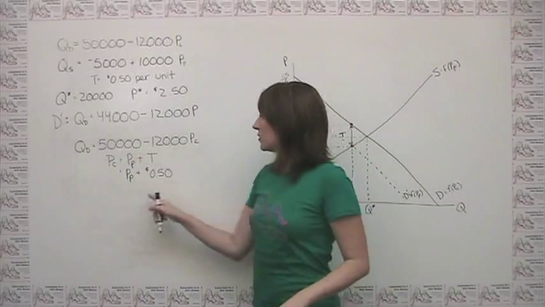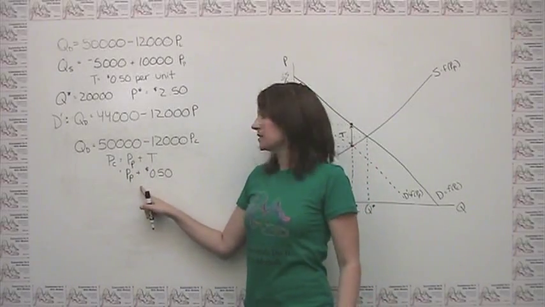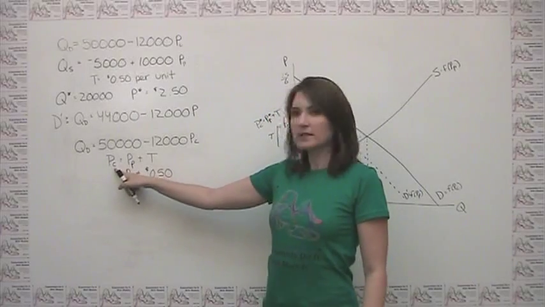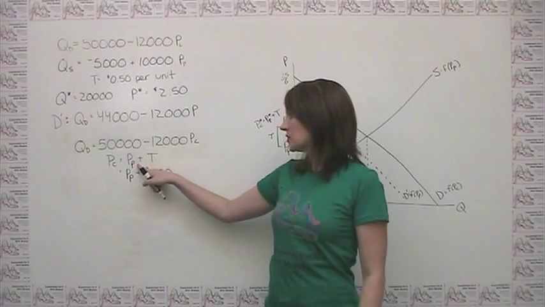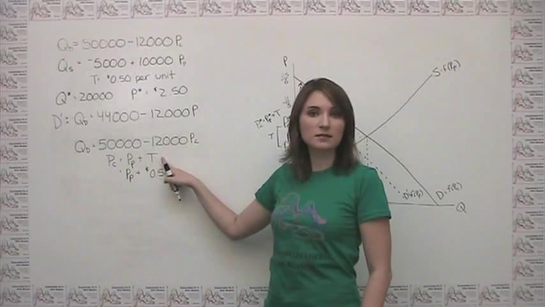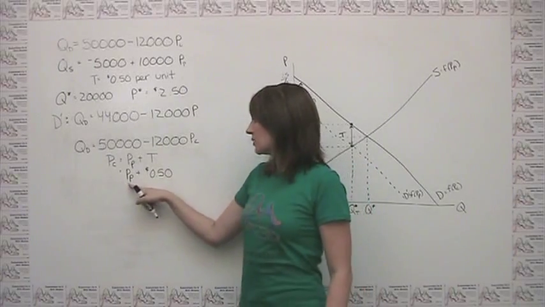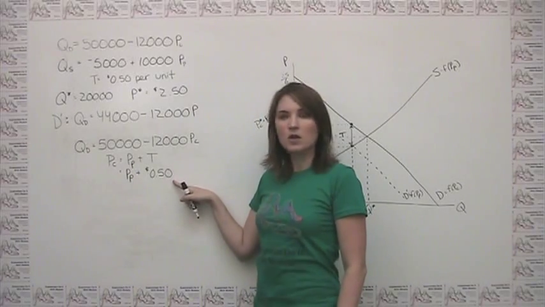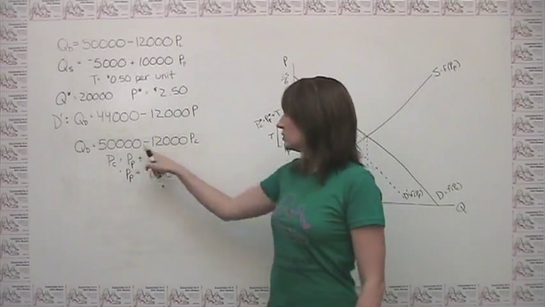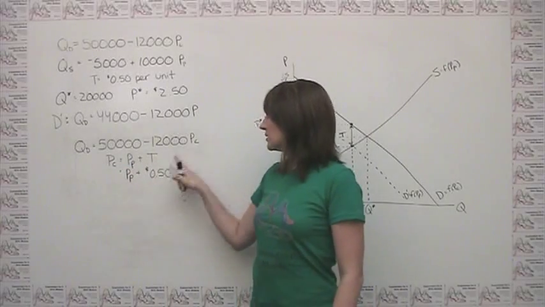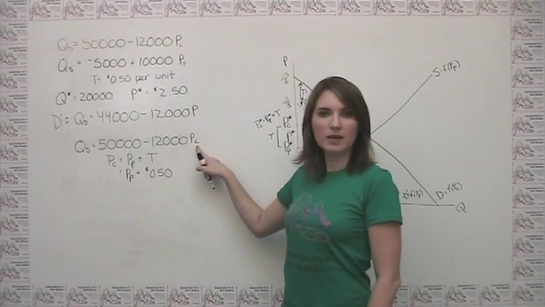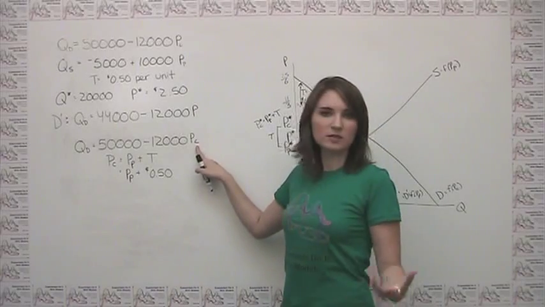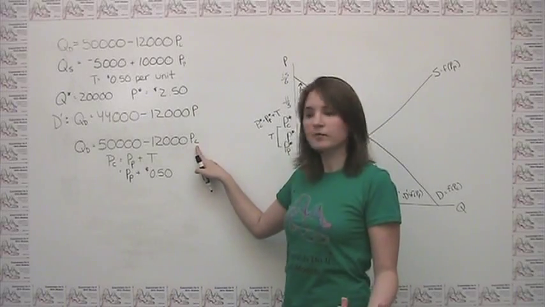The price the consumer pays is just the price that the producer gets to keep plus the amount of the tax. In this case, that is the price that the producer gets to keep plus 50 cents. So we can use this relationship to substitute into our demand curve to put this in terms of the price that the producer gets to keep.